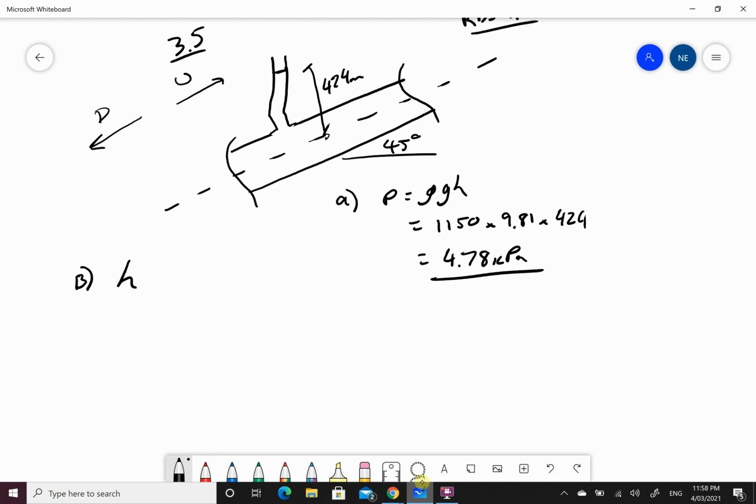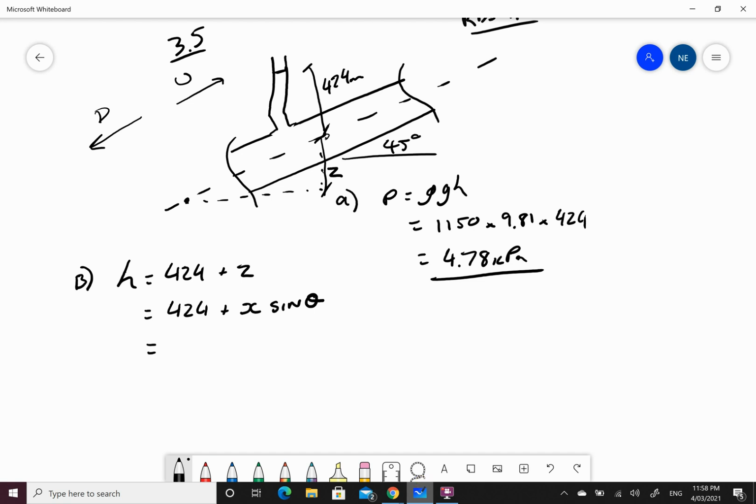H is going to be equal to this initial height plus the difference. If I move down from here to here, I'm adding in, this is my new H, I'm going to call it Z. So H is going to be equal to 424 millimeters plus Z, where Z has to be equal to X sine theta, which is the vertical component.